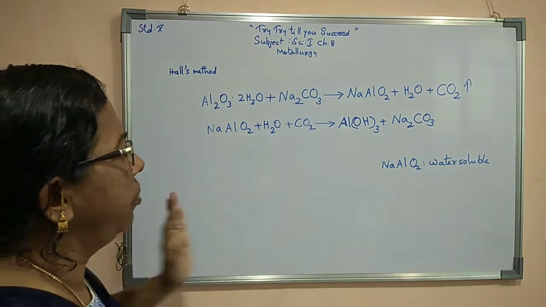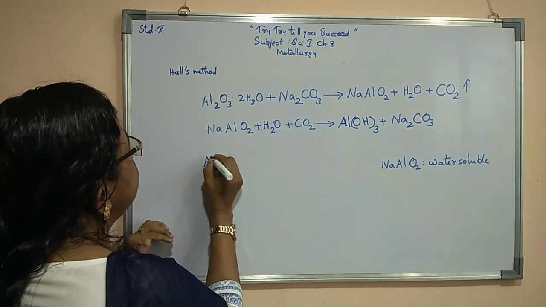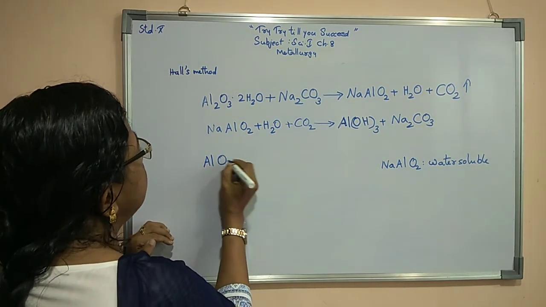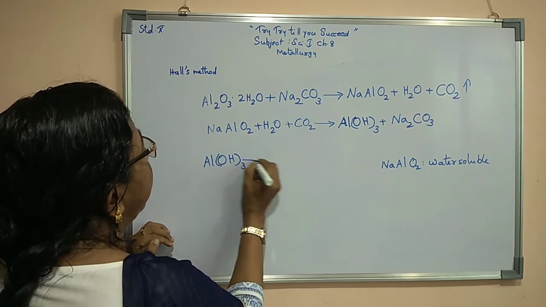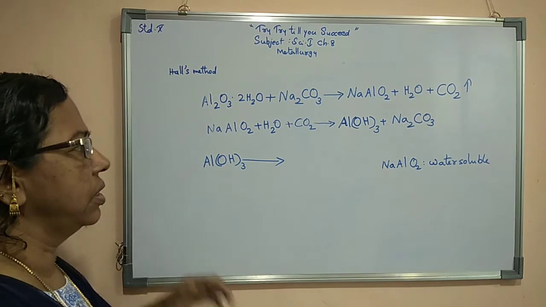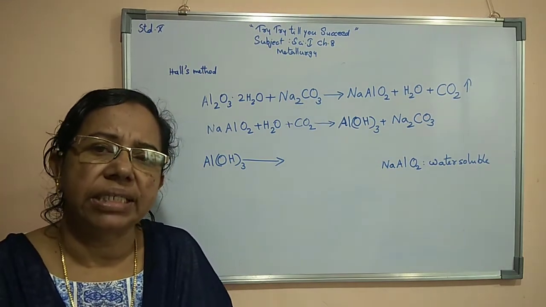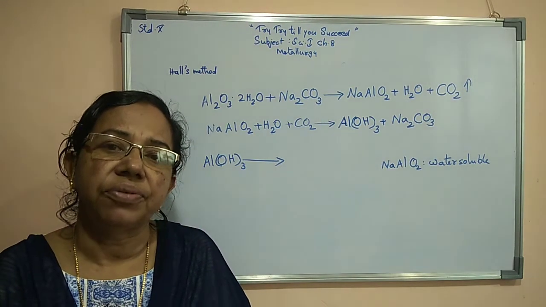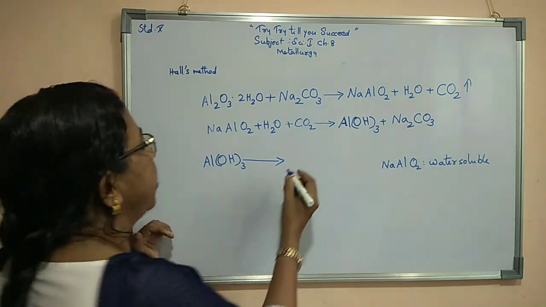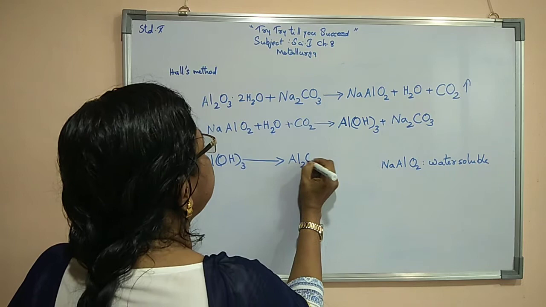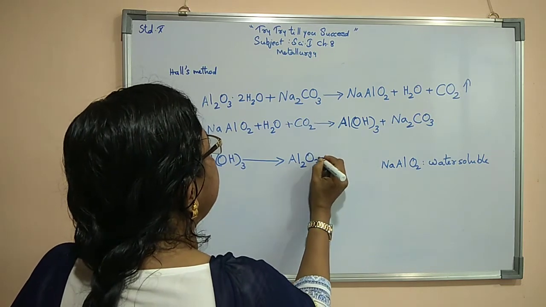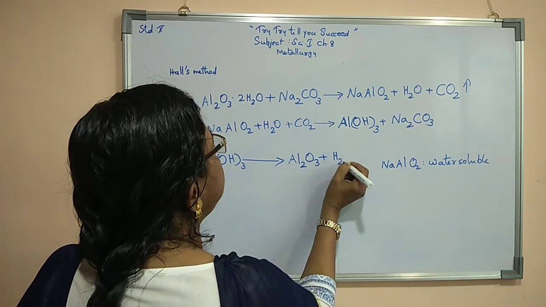Now this aluminium hydroxide Al(OH)3, that we have to filter it out, then we have to wash it, dry it, afterwards we have to heat it. As a result of it, here the formation of aluminium oxide as well as water will form.